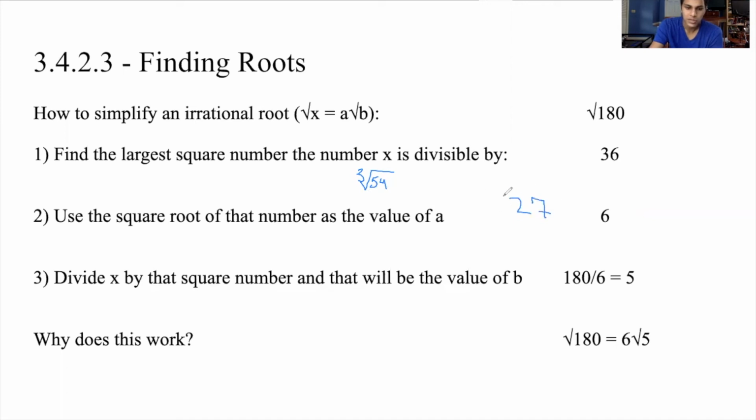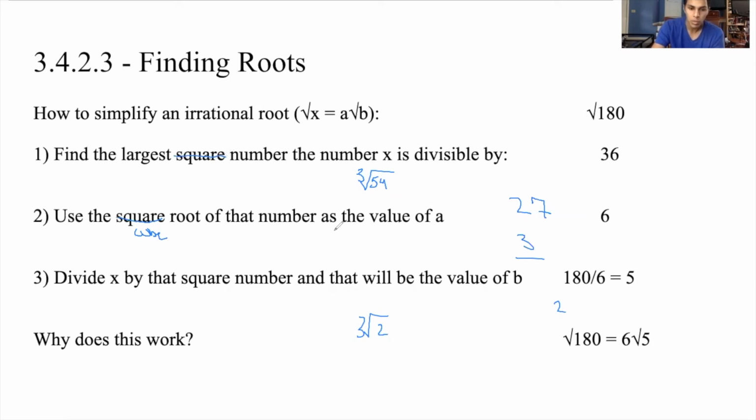If you follow the same steps, using the cube root instead, the cube root of 27 equals 3. So 3 would be a, and then dividing 54 by 27 gives 2. So the cube root of 54 simplified would be 3 times the cube root of 2. And this is why this only works for squares.